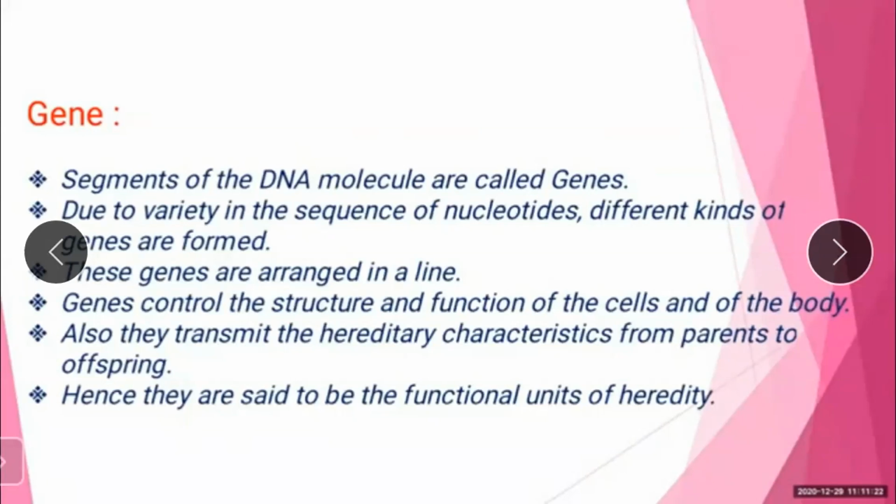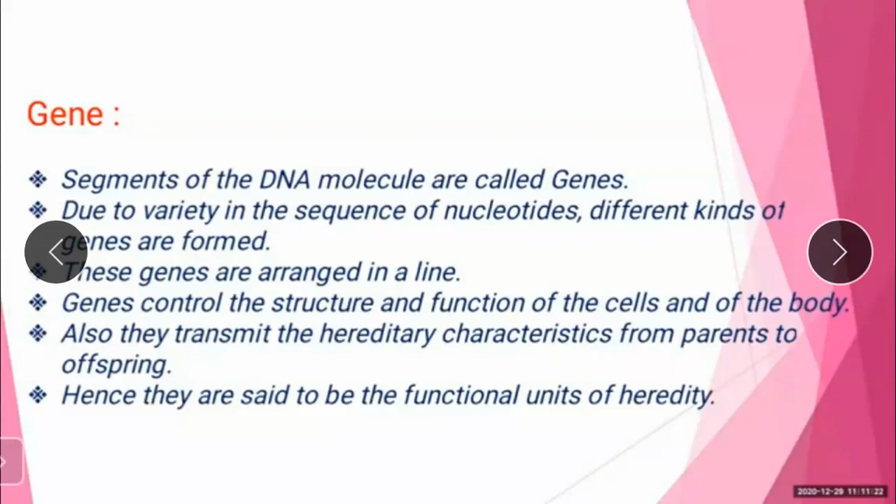These genes control what? These genes control the structure and function of the cells and of the body. One more thing, they transmit the hereditary characteristics from parents to the offspring. What is the function of the genes?